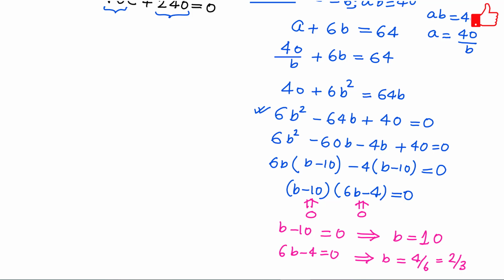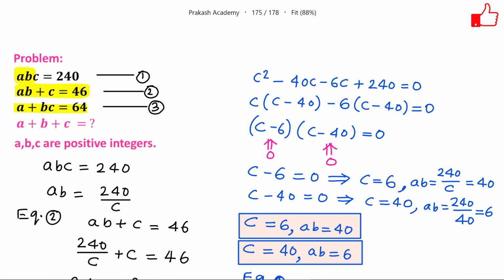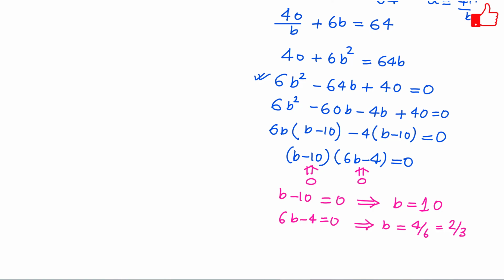But in the question it was given that a, b, c are positive integers. If you remember, this was given in the problem. So this means I have to reject this value. So only b is equal to 10 is the solution.